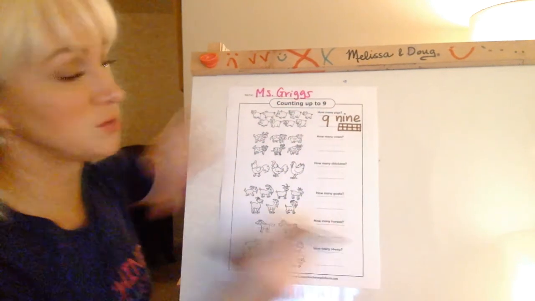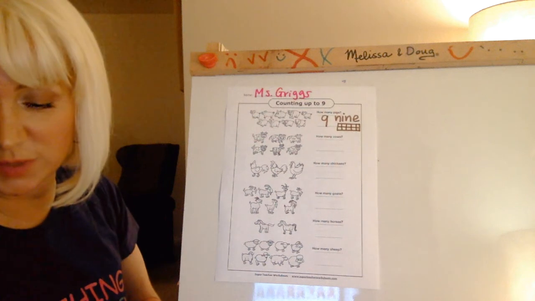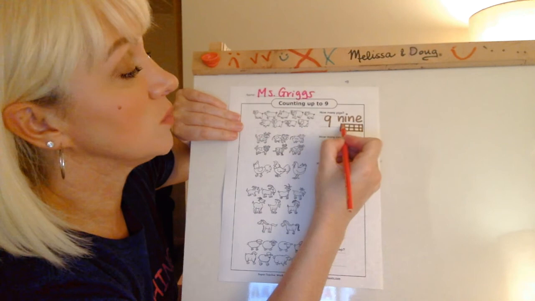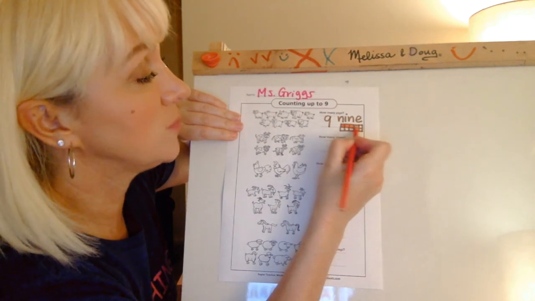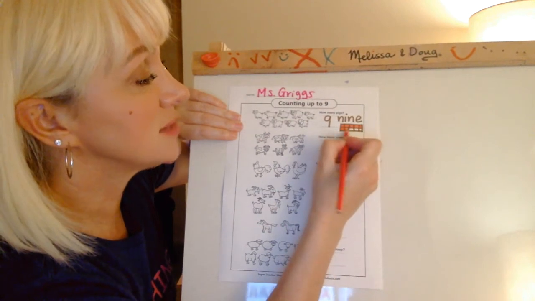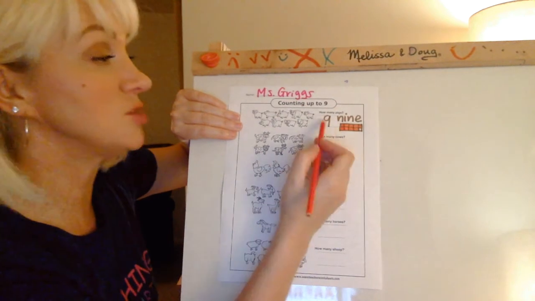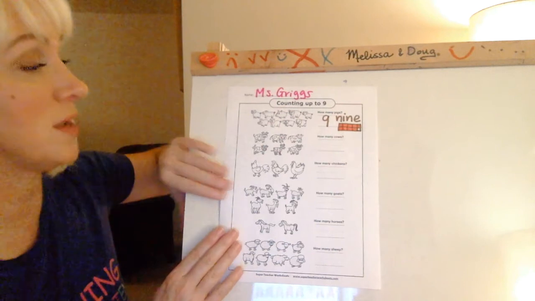And I'm going to color in 9 of the boxes on my 10 frame. I'm going to use a different color so we can see it easily. 1, 2, 3, 4, 5, 6, 7, 8, 9. So I showed it in 3 different ways. I represented it 3 different ways.